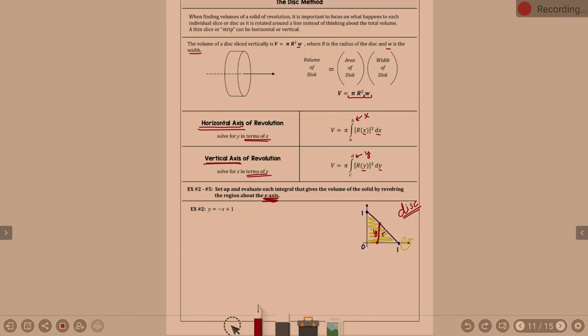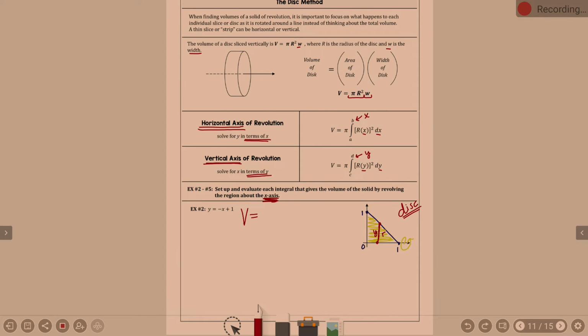And that's important to note because later we'll have to be able to distinguish between, do I use a disk method or a washer method. If we butt up against the axis we're rotating around, it's a disk method. Okay? So, let's set this up and see if we can do it.